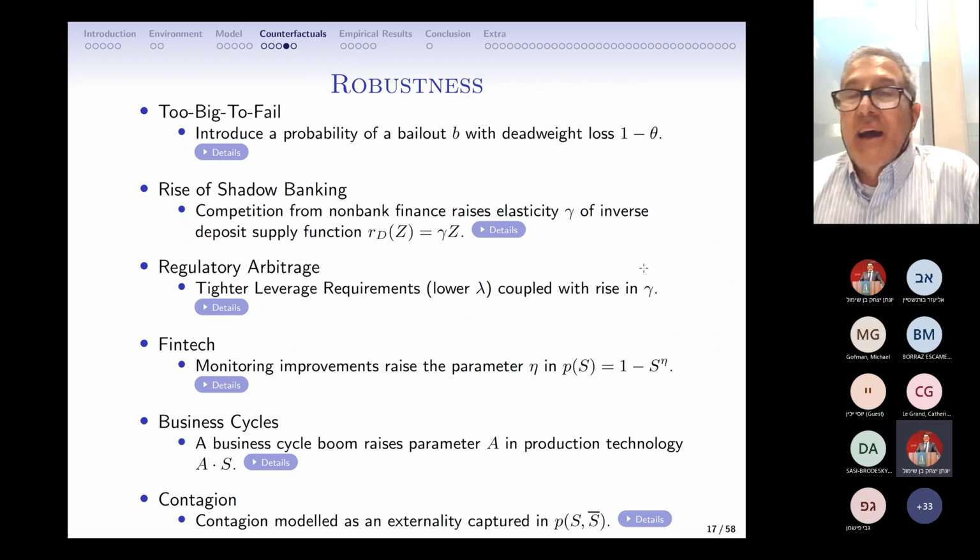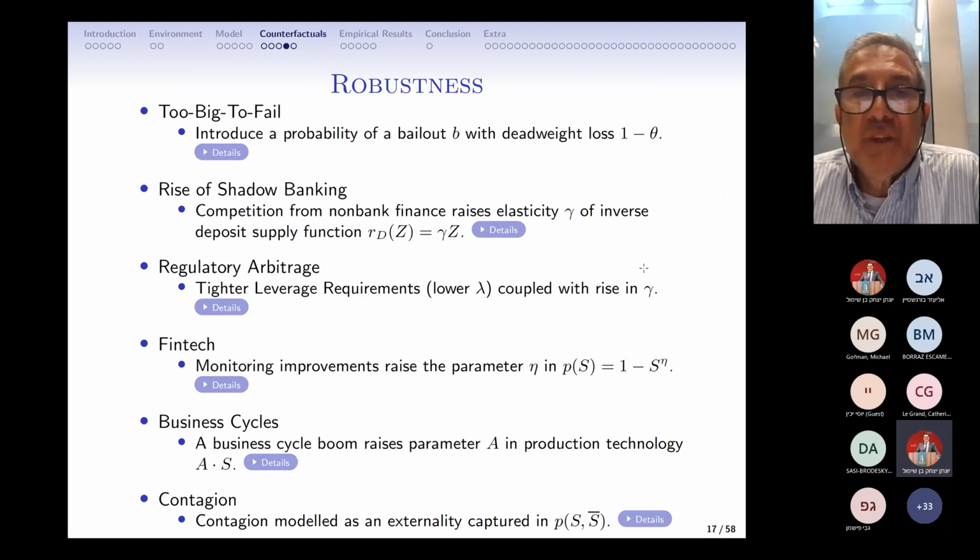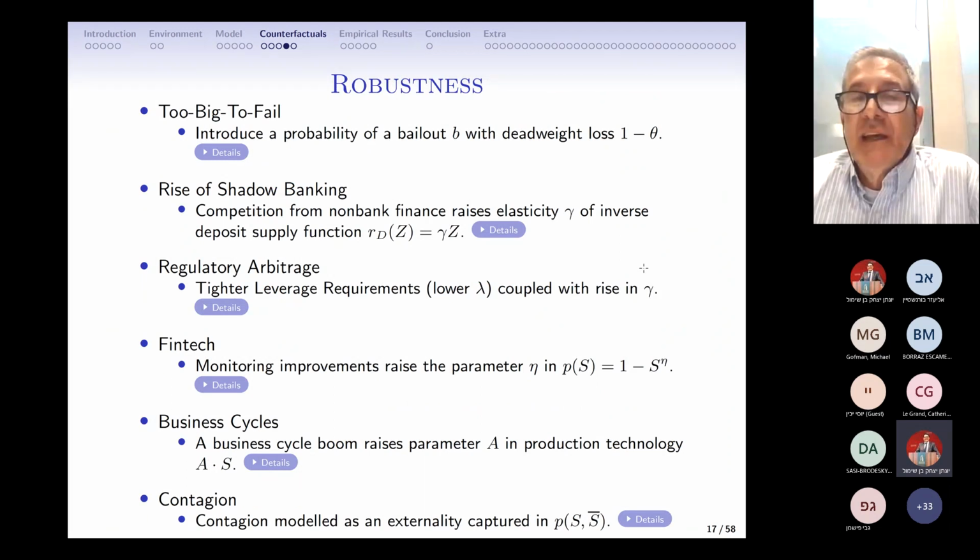Okay, even though this is a really simple model, I think there are ways to interpret it. On my website, I actually have the MATLAB code to run this model. If you want to think about the impact of a rising shadow banking industry, shadow banks are going to compete with commercial banks for raising external funding.